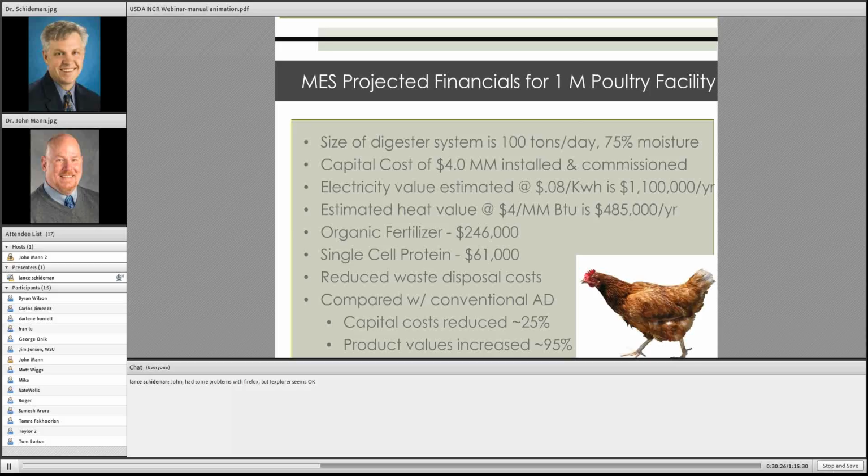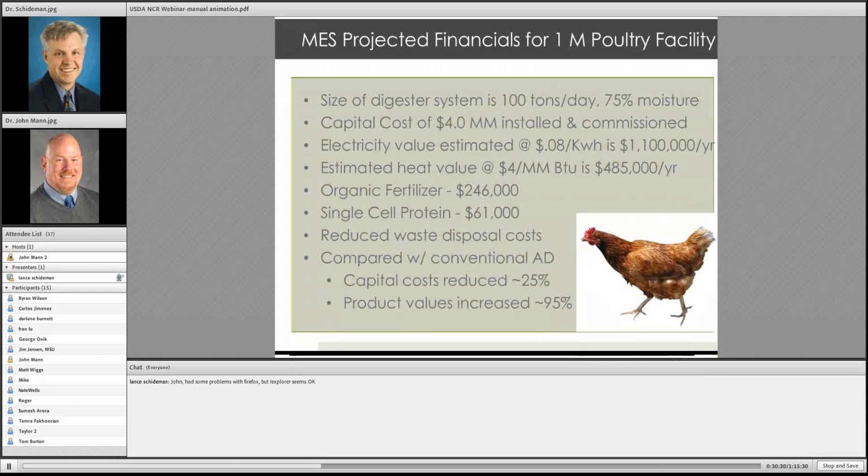And then I just wanted to give you one idea of how this shakes out economically. This is done by MES, so I can't take credit for this particular part of it, but it gives you an idea of how it would work. If you had a 1 million bird poultry facility, you might produce something like 100 tons per day of manure that has 75% moisture.